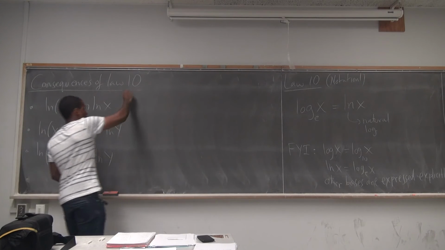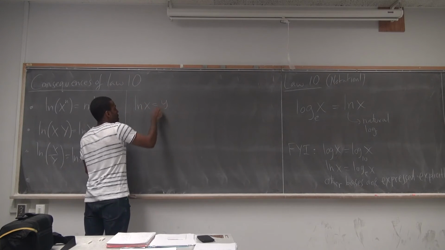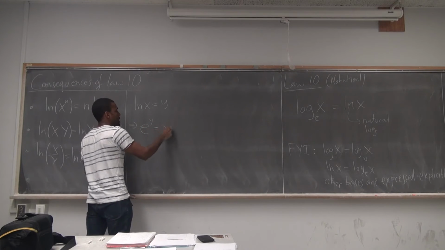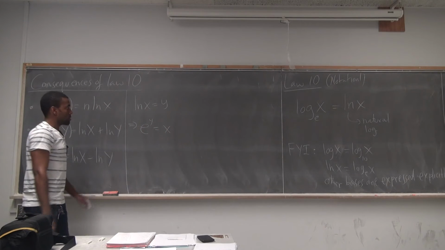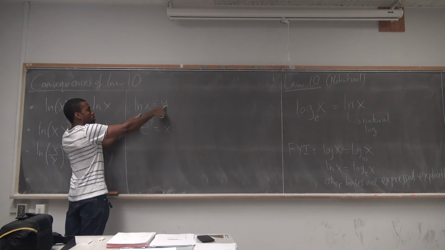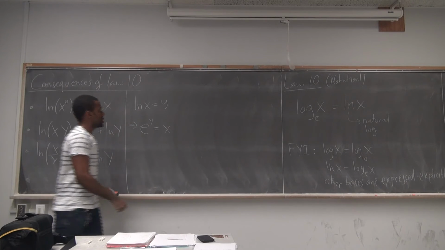And if I have something like ln of x equals y, it means e to the y equals x. Because the base here is e, it means if I take e raised to that power, I will get this number. Right? But they don't write the base number.